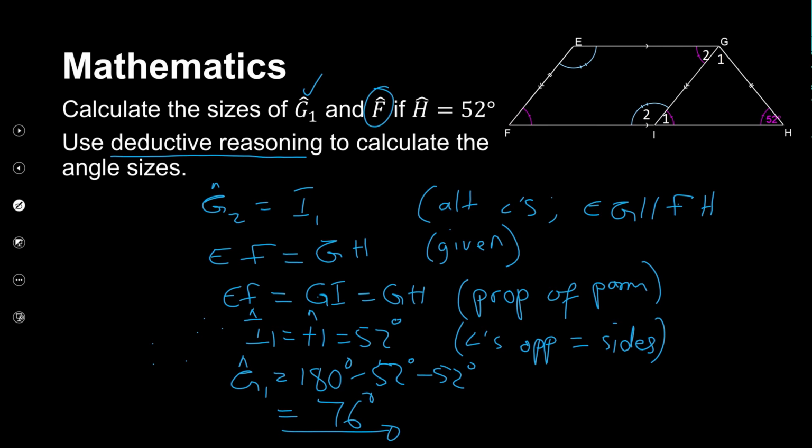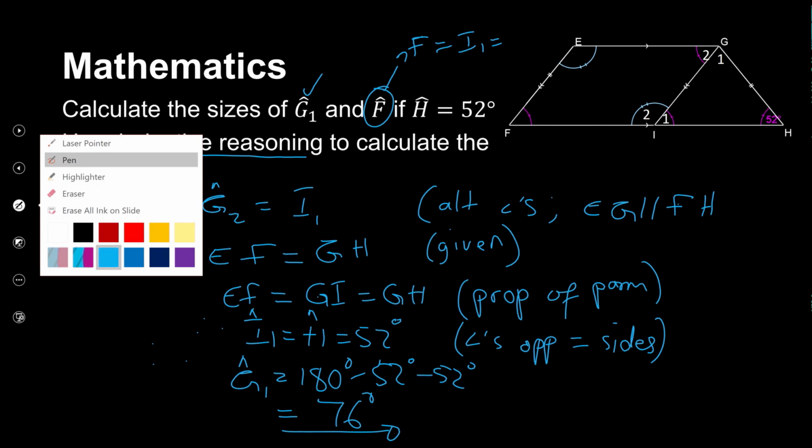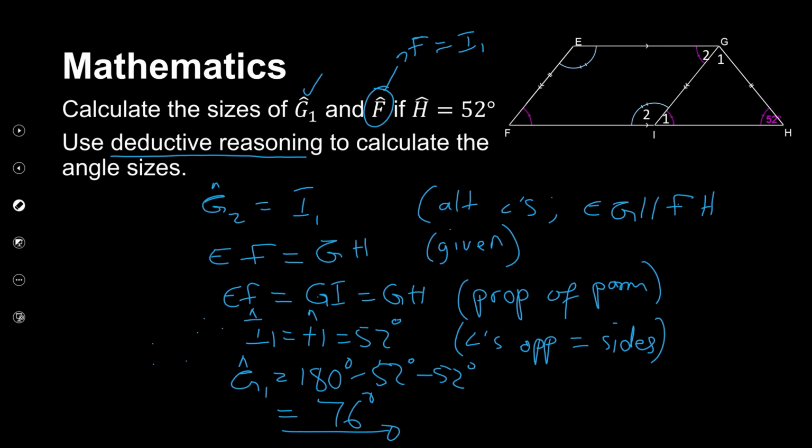Now I need to talk about F. What is F? I know that F is equal to I1. Why? Because of corresponding angles. So I will just say F is equal to I1, and this is because of corresponding angles.